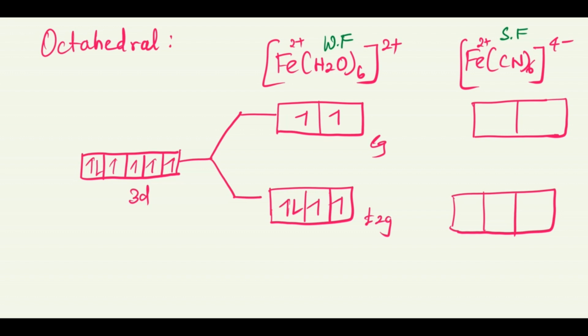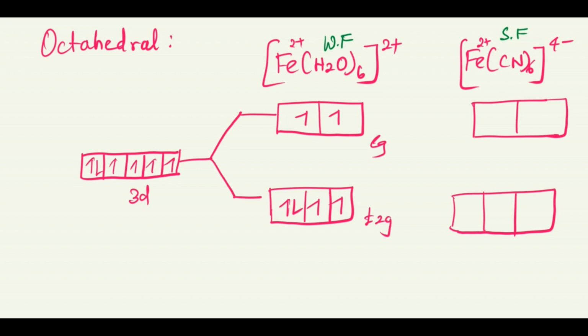That's what we saw in the VBT. Similarly, here according to the CFT, in case of weak field, it will fill T2g for the half fill, and then it goes to Eg half fill. If there is any remaining, then it comes to the lower energy level.